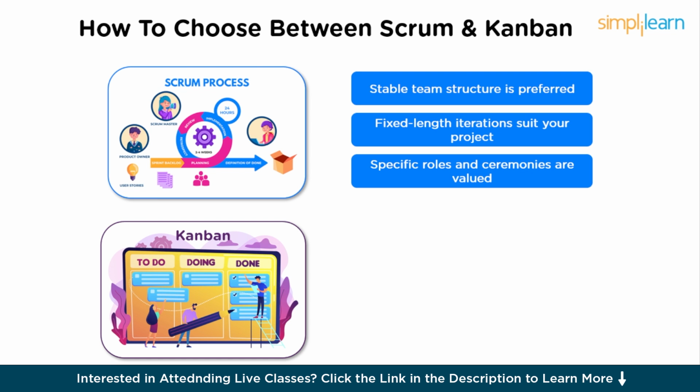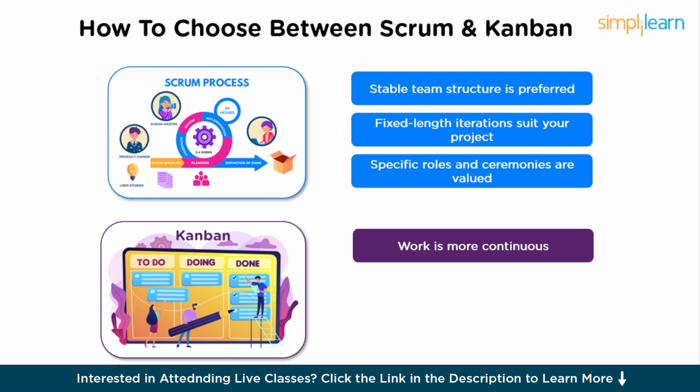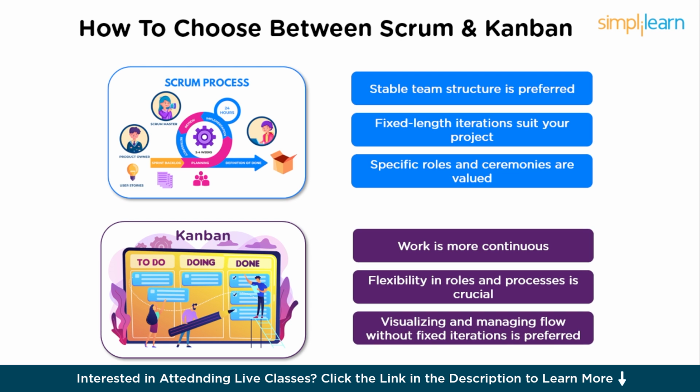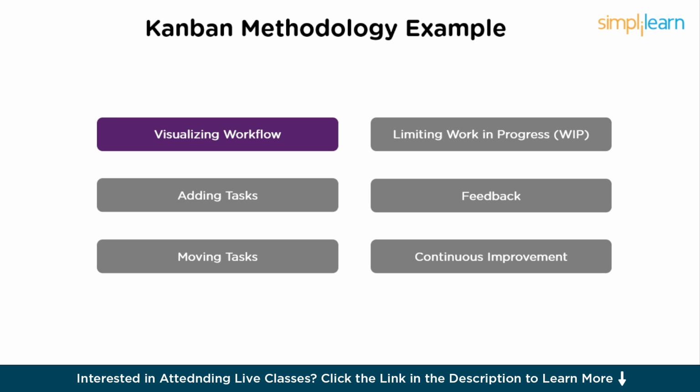However, use Kanban if work is more continuous, flexibility in role and processes is crucial, and visualization and managing flow without fixed iteration is preferred. Teams often choose based on project dynamics, team preferences, and organizational needs, with some even opting for a hybrid approach known as ScrumBan. So now let's understand Kanban methodology using an example.